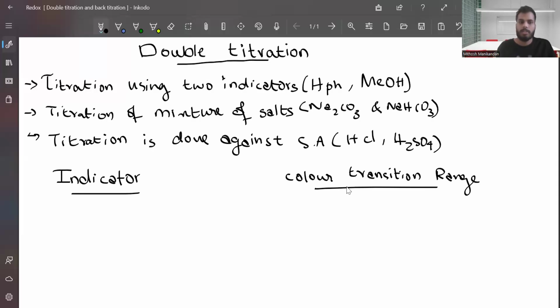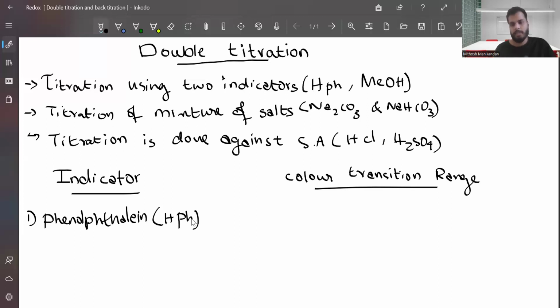Color transition range. Suppose the indicator is phenolphthalein, which you can write as HPh. Sometimes we just write Ph also, but Ph might stand for the phenyl group. Anyway, the color transition range in pH is from 8.3 to 10.